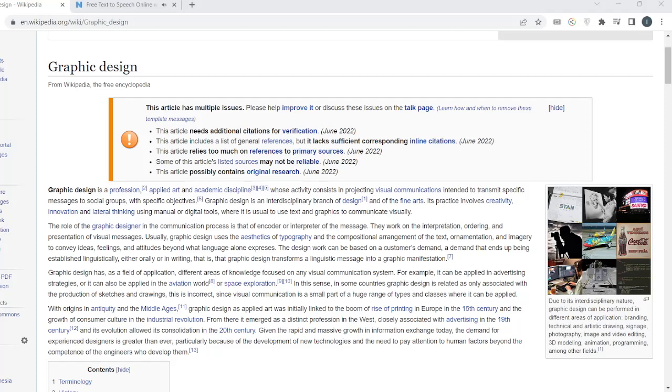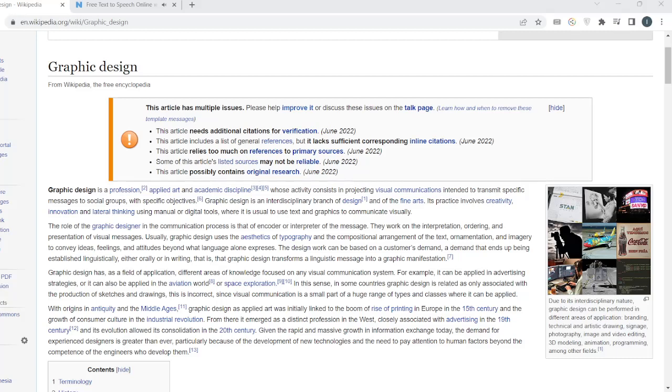That is, graphic design transforms a linguistic message into a graphic manifestation. Graphic design has, as a field of application, different areas of knowledge focused on any visual communication system.